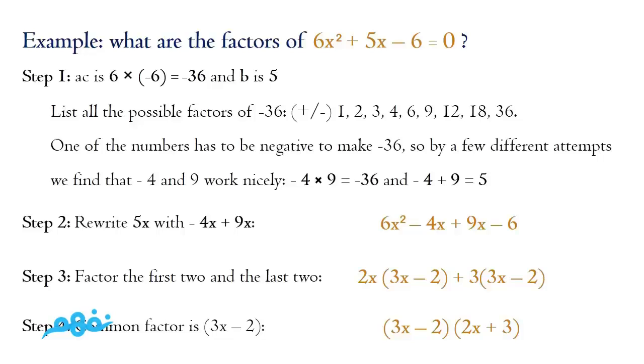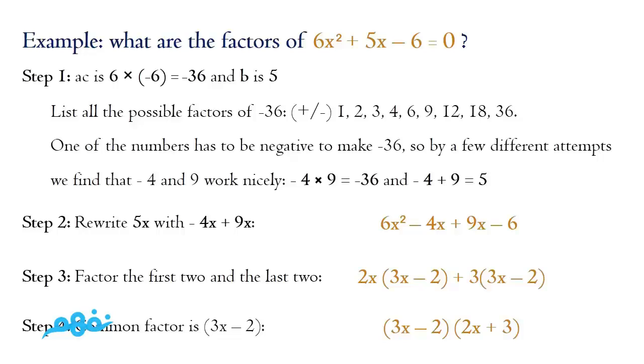Here the product is negative 36, so one of the numbers has to be negative, because it is the product of multiplying a positive number with a negative number. So we have not only these possible factors, but also their negative forms. By a few attempts, we can find that negative 4 and 9 work nicely.